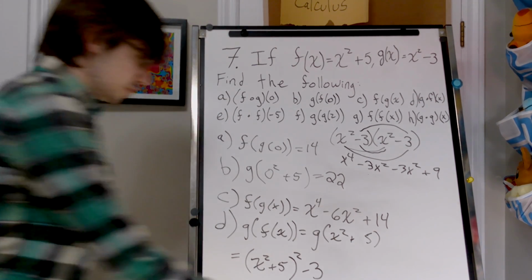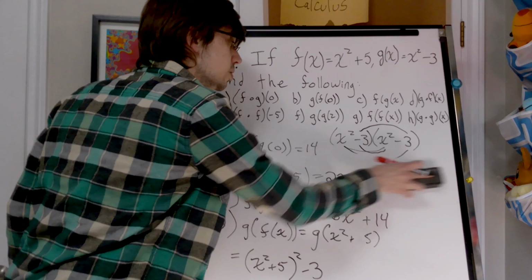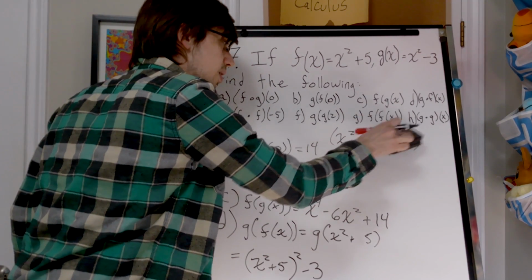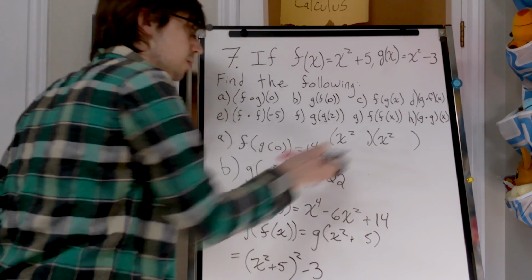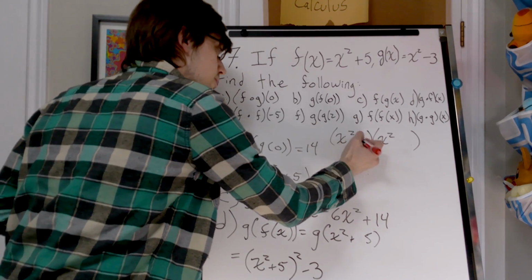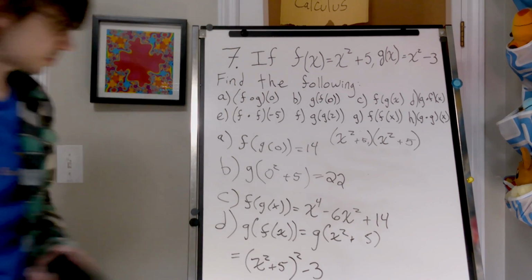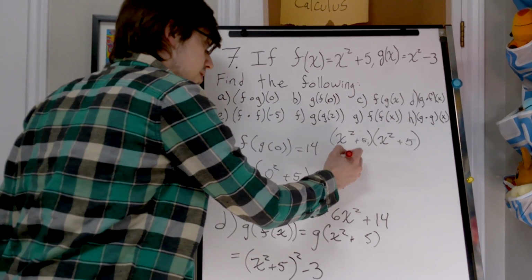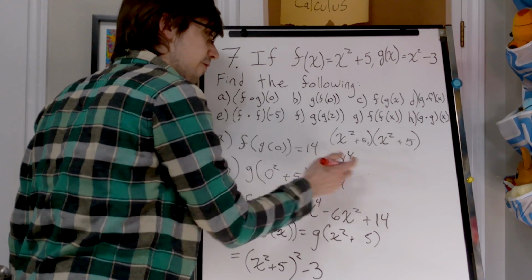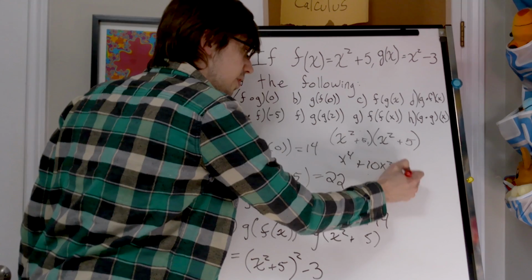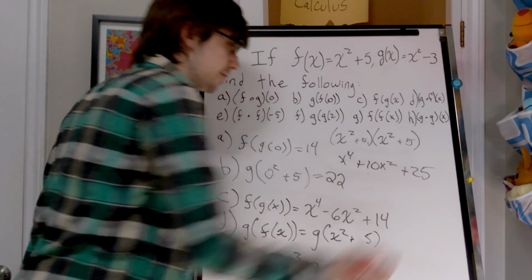So we have to do the same FOIL, but this time we have positive 5s. So we get x to the 4, 5 plus 5 will be 10, 10x squared, 5 times 5, 25.